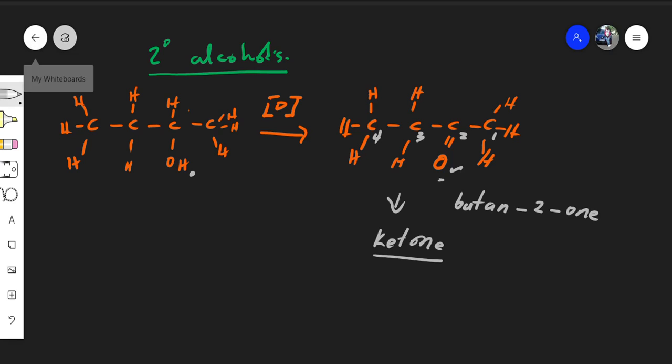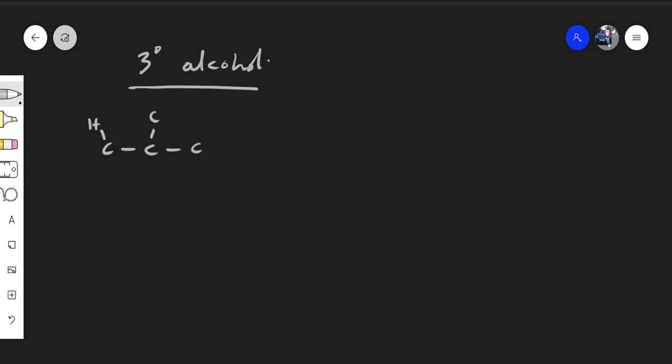So let's go to tertiary alcohol. We say that the tertiary alcohol is the carbon which is attached to 3 alkyl groups.